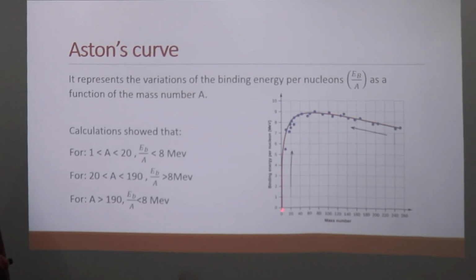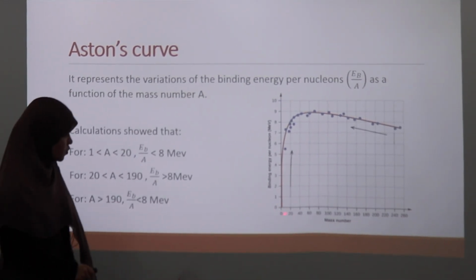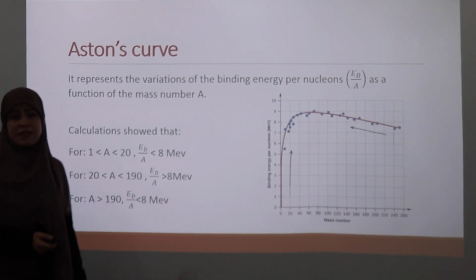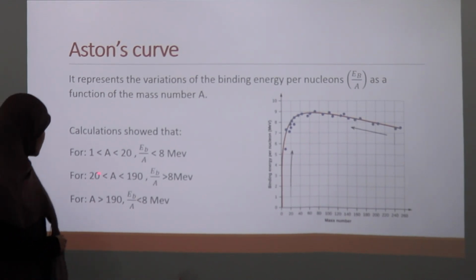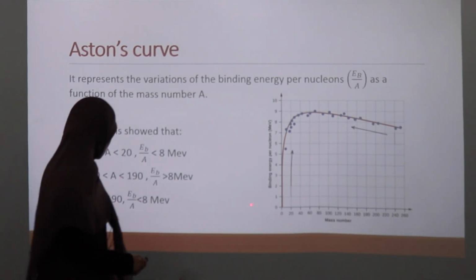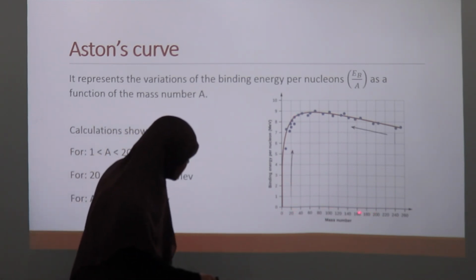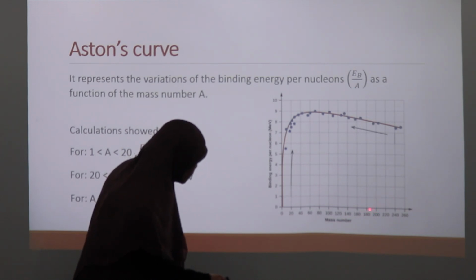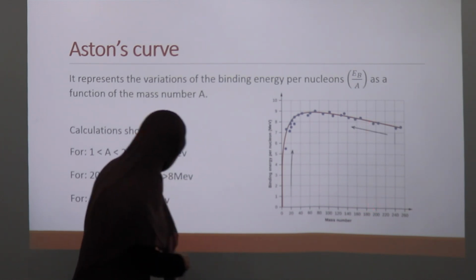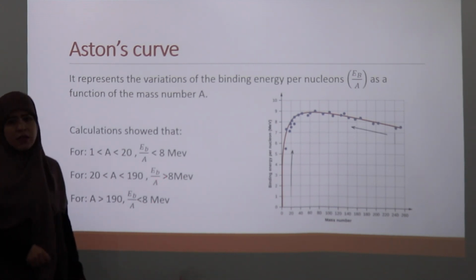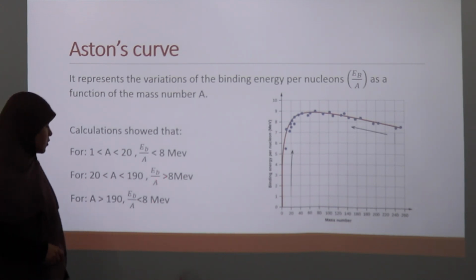You can notice that between mass number 0 and 20, the binding energy is less than 8 mega electron volts, while when the mass number is between 20 and 190, you see that the binding energy per nucleon is more than 8 mega electron volts.